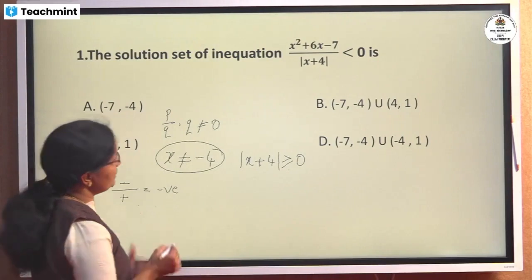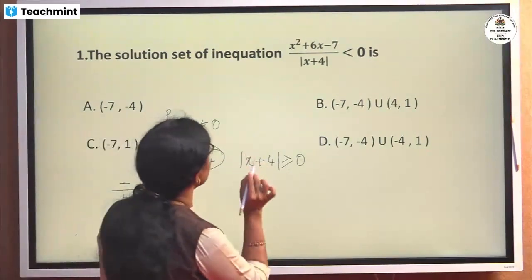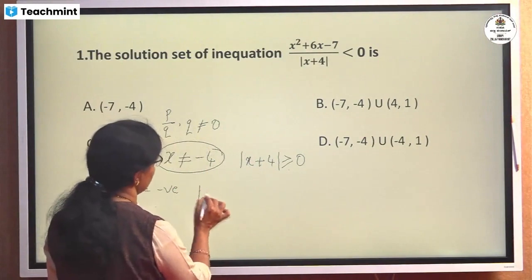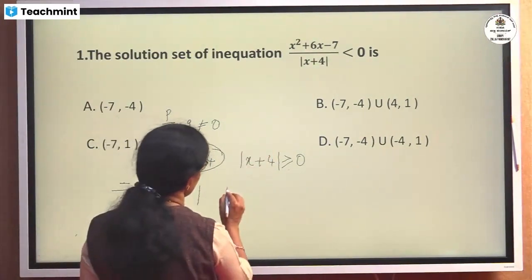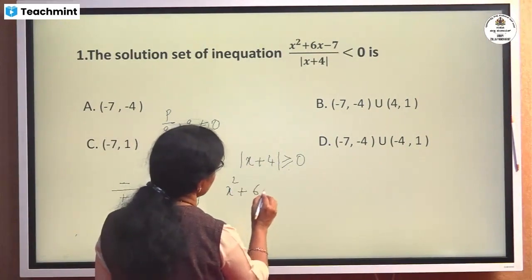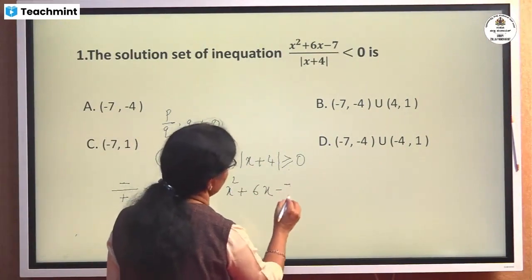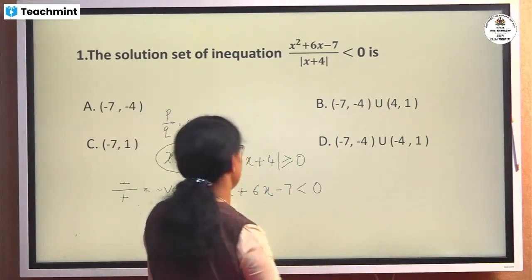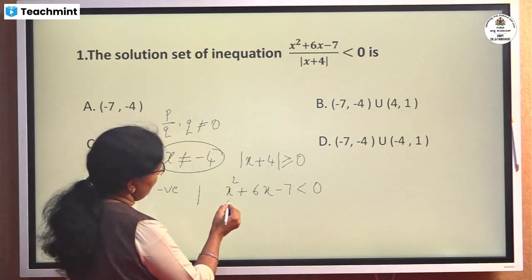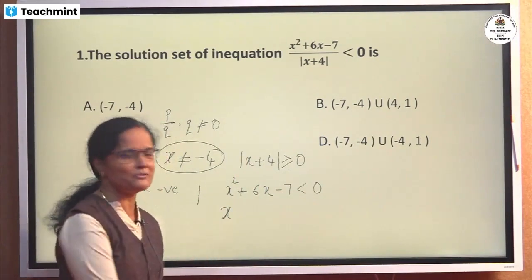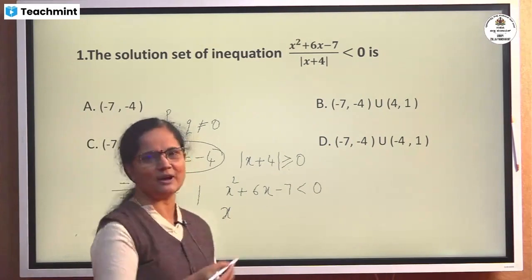So this condition will decide the sign of the numerator. What may be the sign of the numerator here? I will take the numerator, x square plus 6x minus 7, which must be negative, lesser than 0. I think you know how to factorize x square plus 6x minus 7.